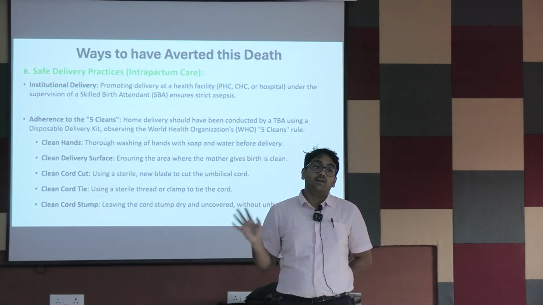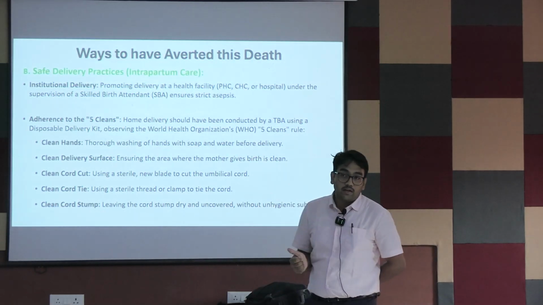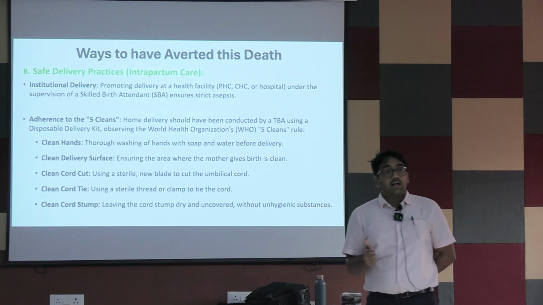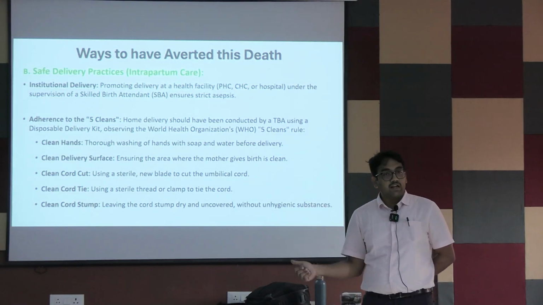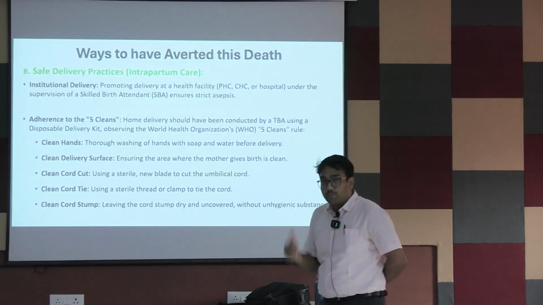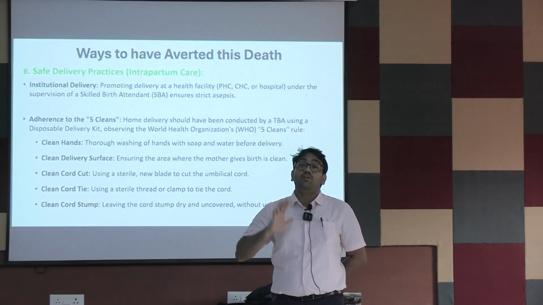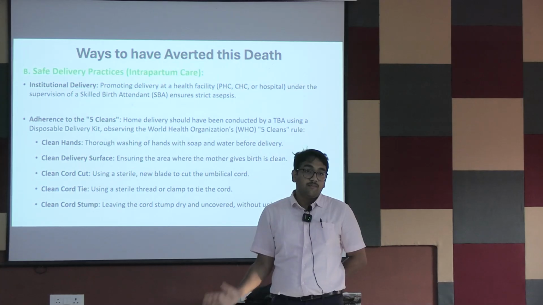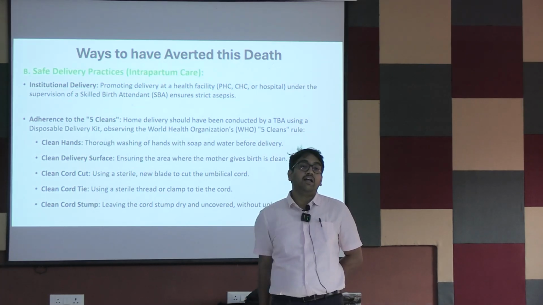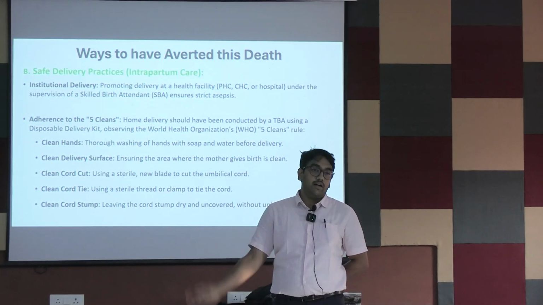But even that here could not be done. So antenatal care should have been given and it should have been an institutional delivery. If institutional delivery was not possible, maybe distance, maybe transport, maybe emergency, maybe not wanting to come to the institution, then at least a disposable delivery kit and a trained birth attendant should have been there for the delivery.